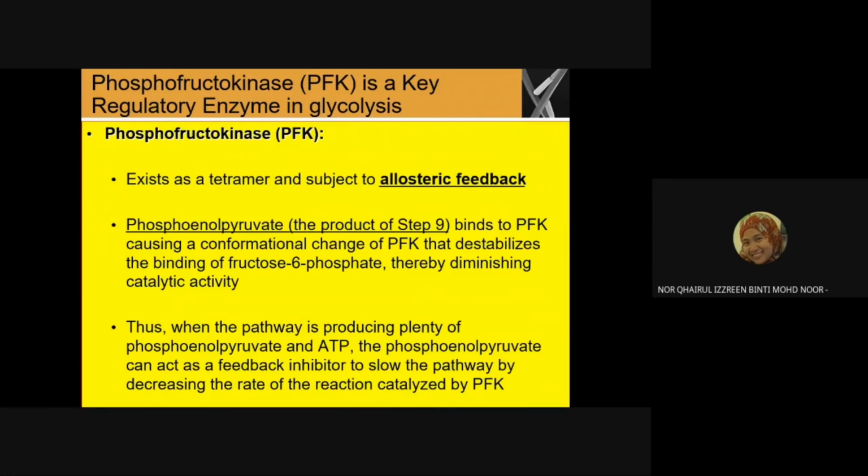When the end product of step 9 binds to PFK, the conformation of PFK changes. When the conformation changes, it destabilizes the binding of fructose 6 phosphate, thereby diminishing the catalytic activity.